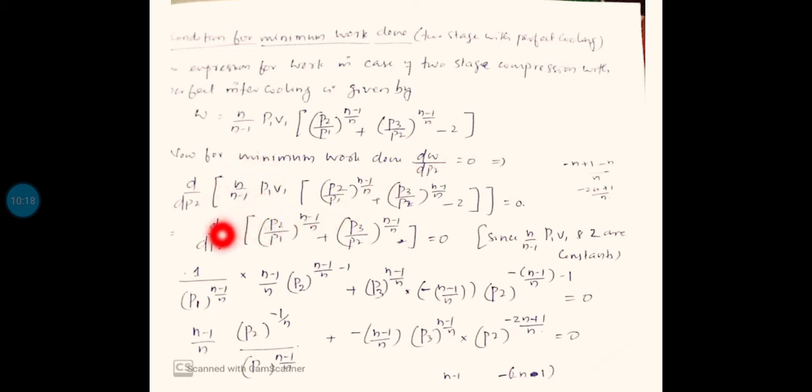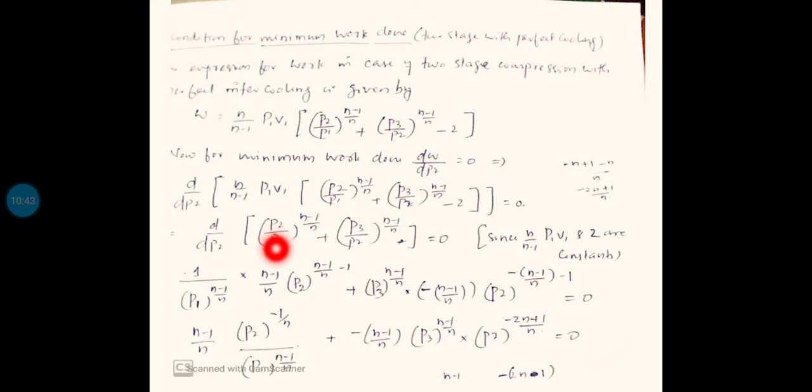So this equation reduces to d by dP2 of (P2 by P1) all raised to (n minus 1) by n plus (P3 by P2) all raised to (n minus 1) by n. Here the 2 is again a constant, there is no need to consider that also, equal to 0. So this is our term to be differentiated with respect to P2.